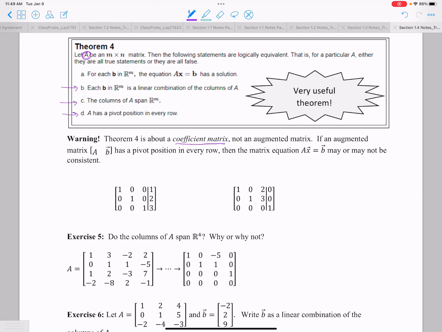Again, these are two augmented matrices. If I get this last row, notice there's a pivot in every row, but that means no solution. So the theorem only applies to the coefficient matrix, not the augmented matrix.